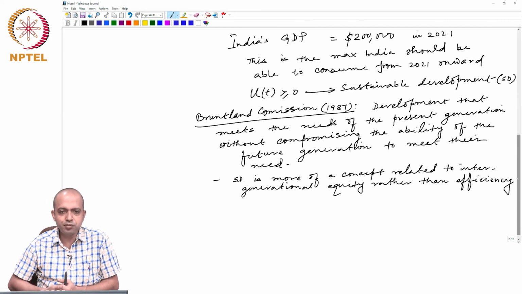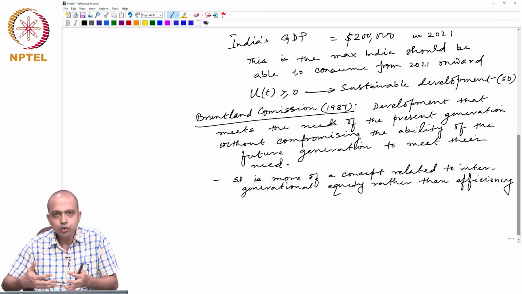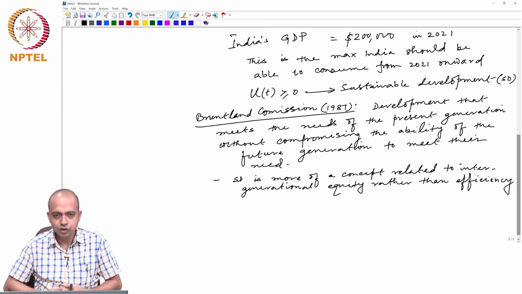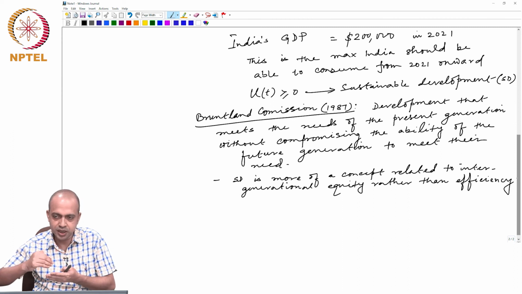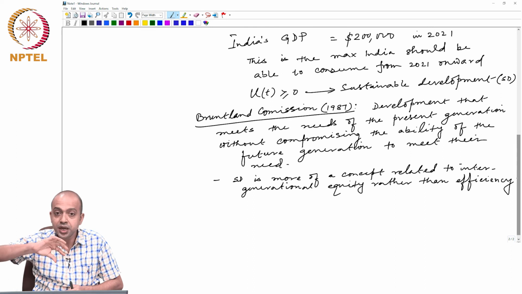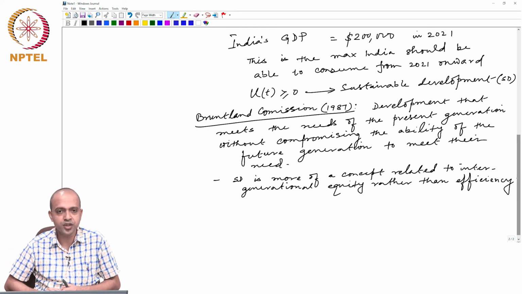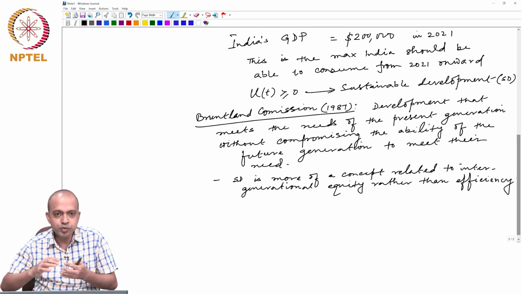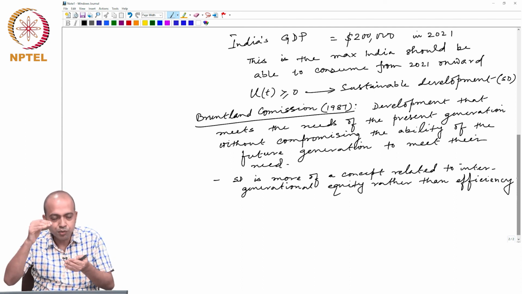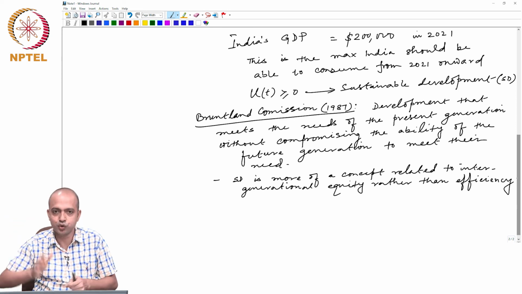Because efficiency means that you try to maximize the present value. Efficient utilization of resources basically means that you try to maximize the present value. But sustainable development says that instead of achieving efficiency, we need to actually achieve intergenerational equity. So, resources should be distributed on the basis of equity between the present generation and the future generation.